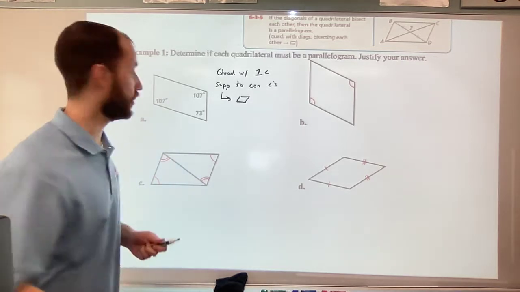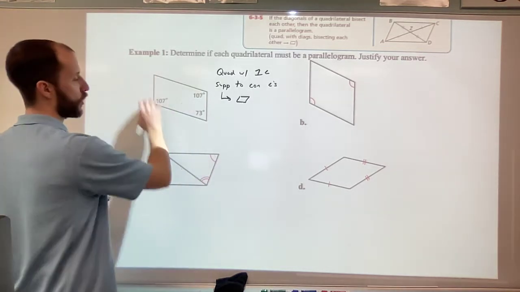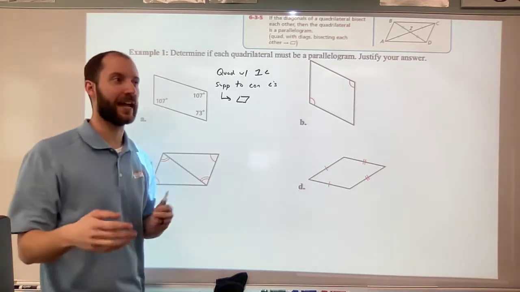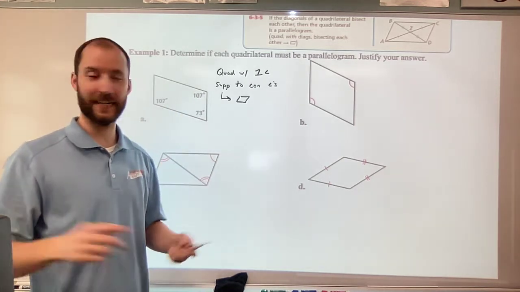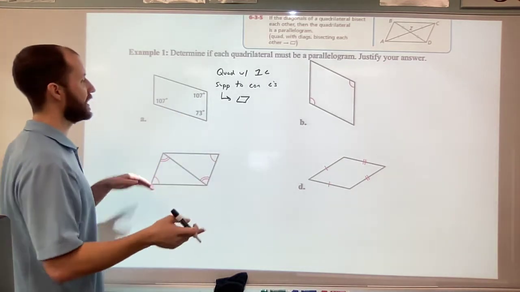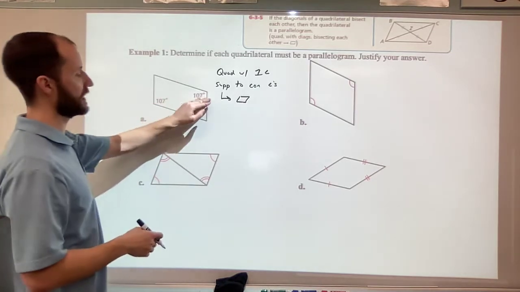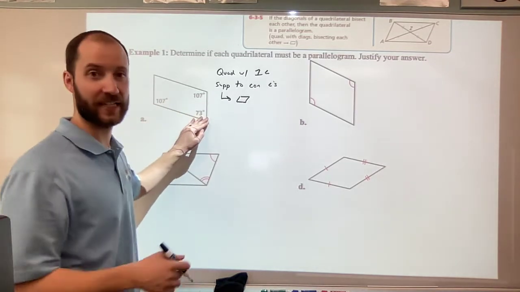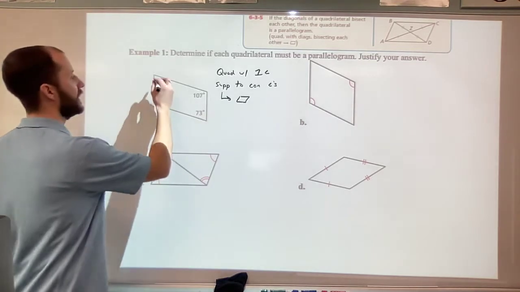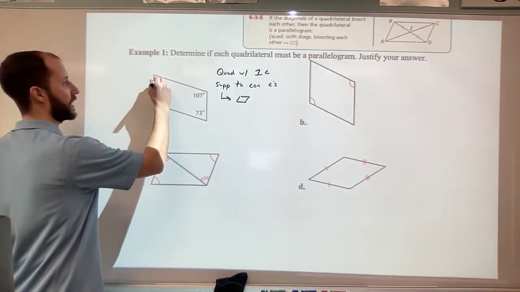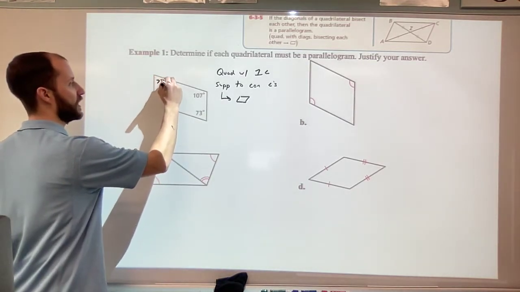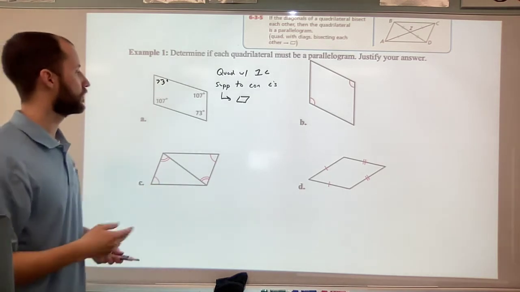If we wanted to, we could say, hey, it's a quadrilateral, so all the angles add up to 360. 360 minus 107 minus 107 minus 73 leaves us with our remaining angle of 73 degrees.